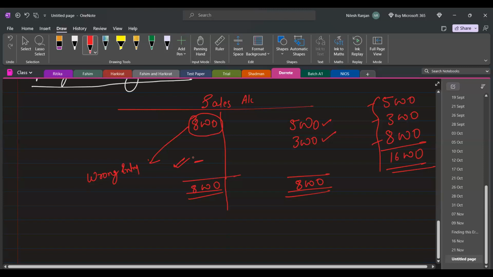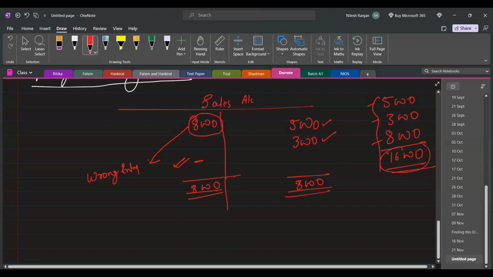But what if we have written it correctly? What if we have written it on the credit side? Then what will be our balance? 16,000. Very good.